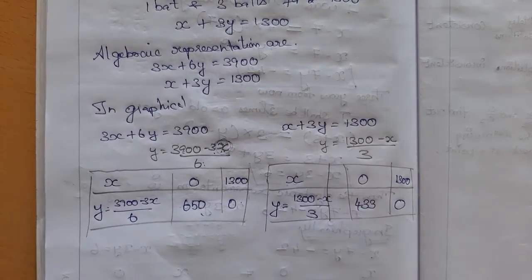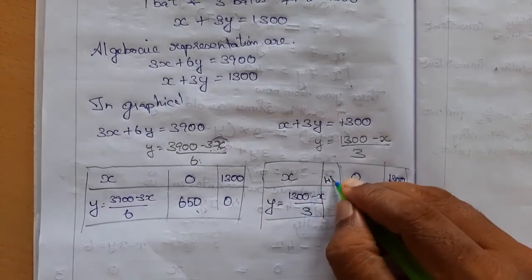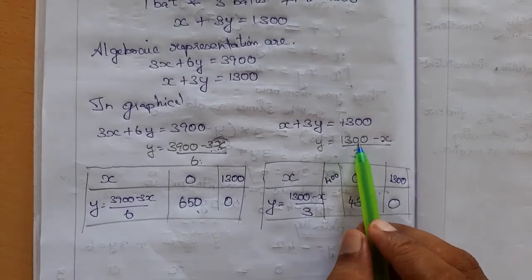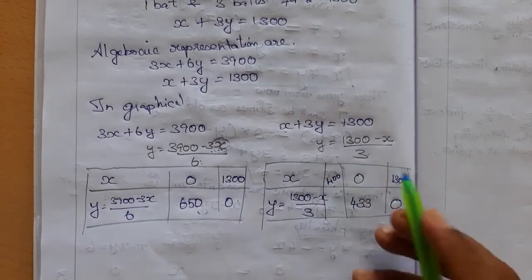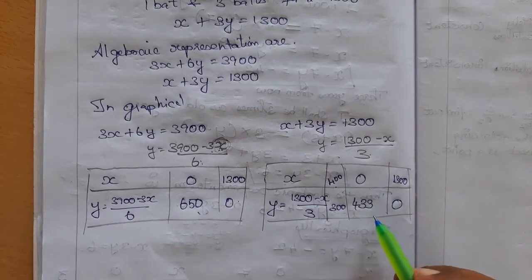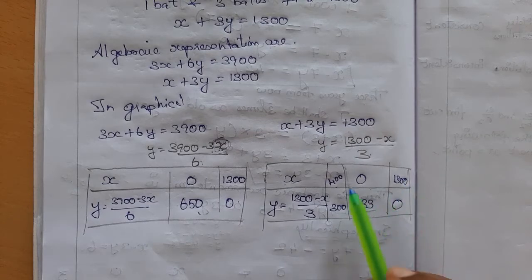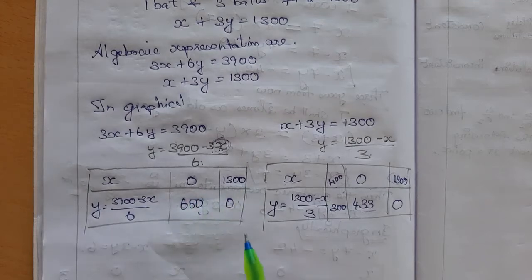I will consider 400. So 1300 minus 400 is 900. So 900 is 3 multiplied by 300, right? So 400 comma 300, because this 433 is difficult to draw in the graph, since it is in hundreds, tens, and 33 is very difficult, right?